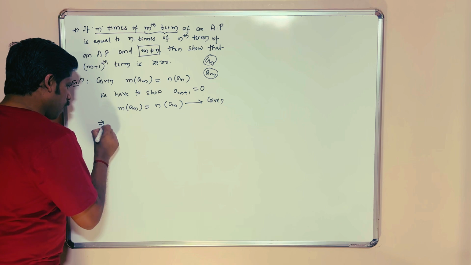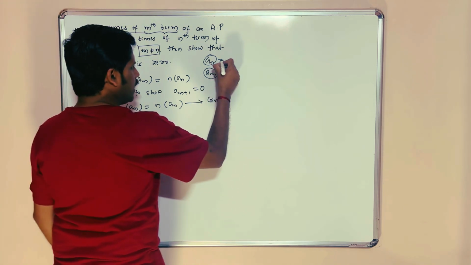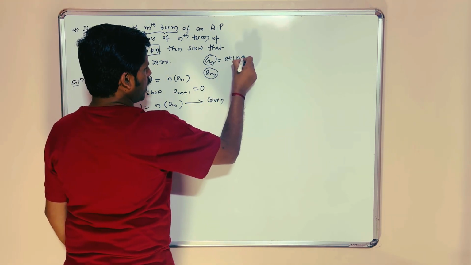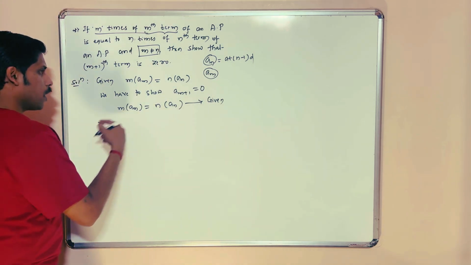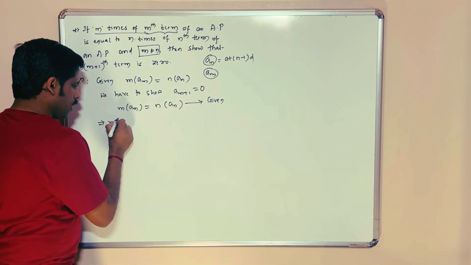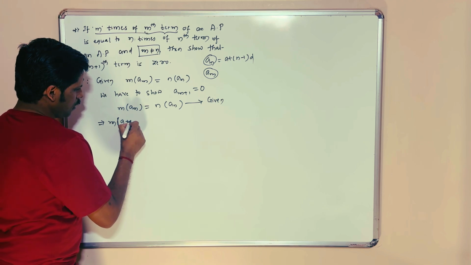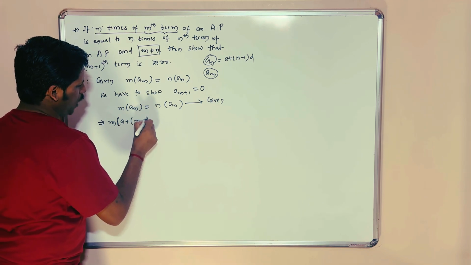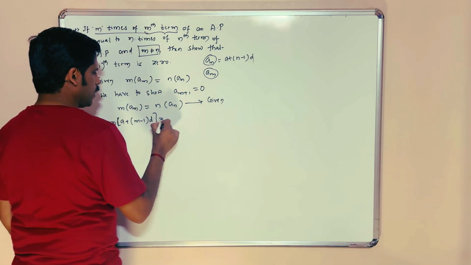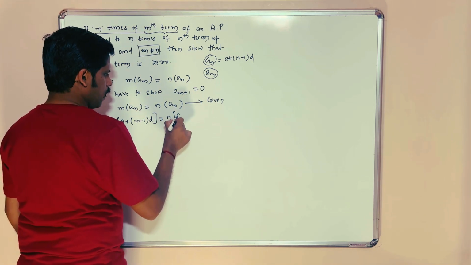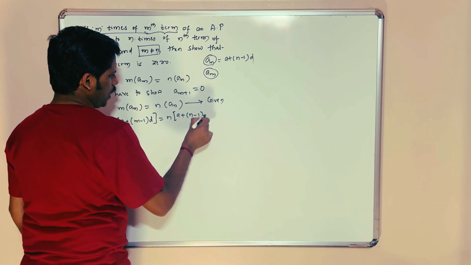What is the mth term of an AP? We know that the nth term is a plus n minus 1 into d. When it is m, substitute n equal to m here: a plus m minus 1 into d. This is LHS. What about the nth term? That is n into a plus n minus 1 into d.